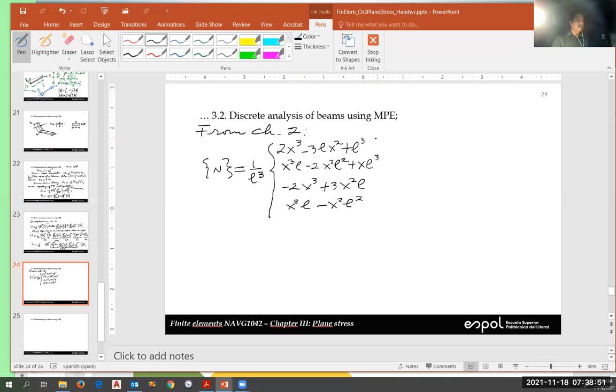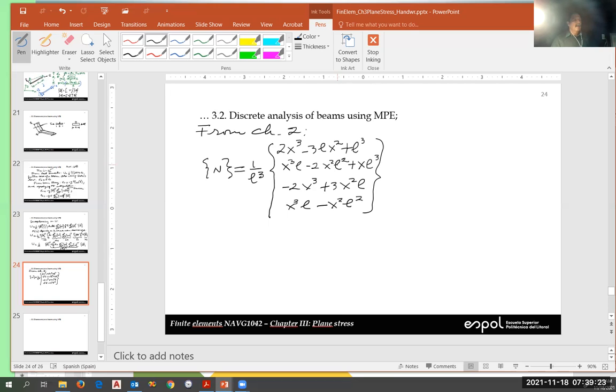This is a vector. And you can see that if we evaluate this vector at 0, I get L cubed divided by L cubed, which gives 1. The others evaluate to 0, 0, 0. So you multiply this by the vector D, and you get the displacement on the left end, as we should.